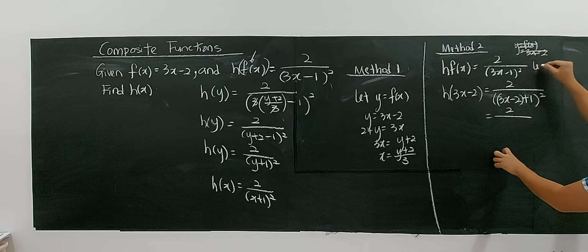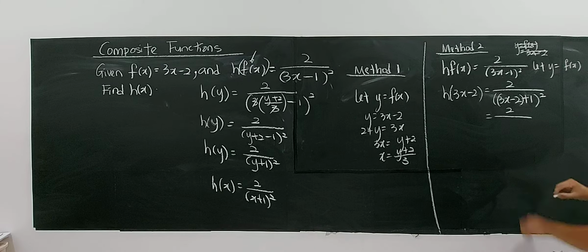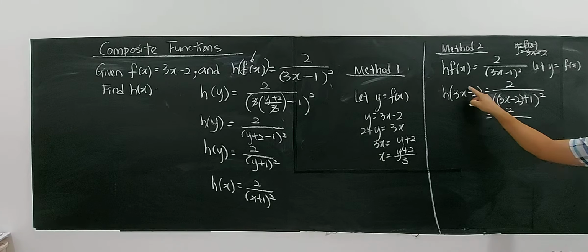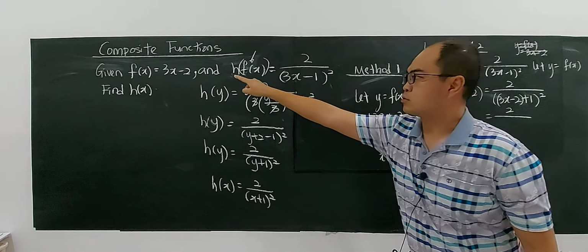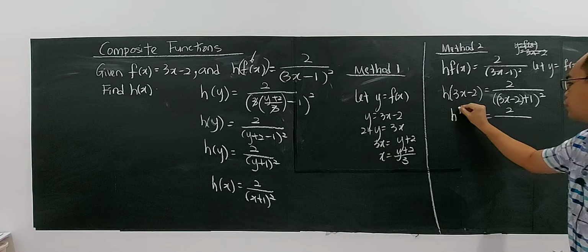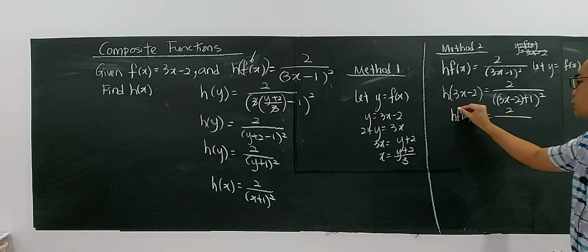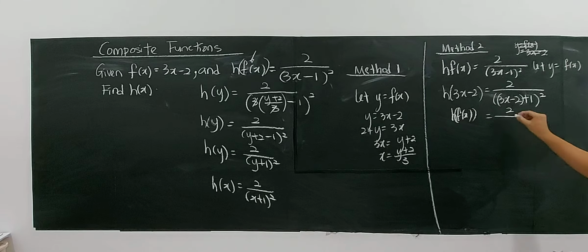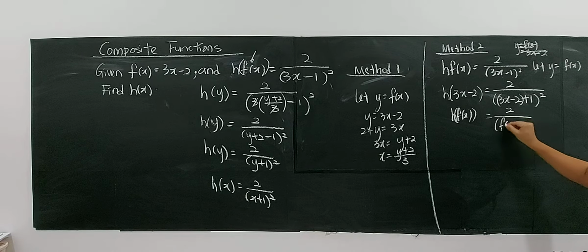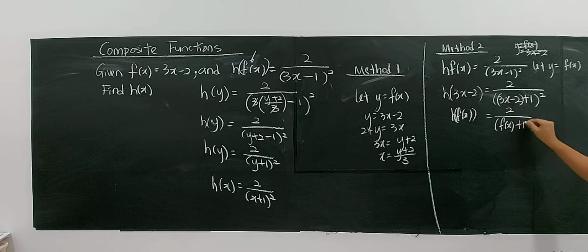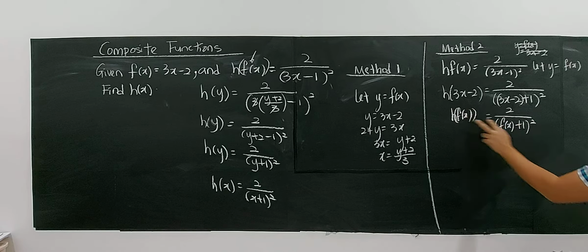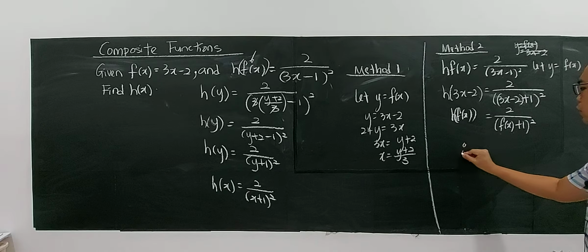So you let y equal f(x). This is your f(x), so you know this is h(f(x)), and this will be 2 over (f(x) plus 1) to the power of 2. It's the same thing. So f(x) is also f(x).